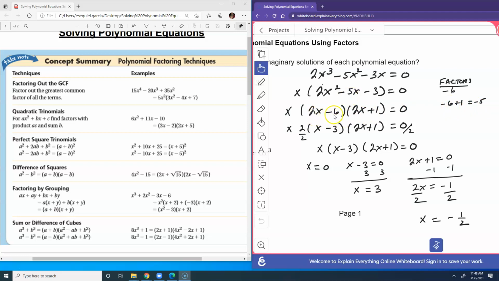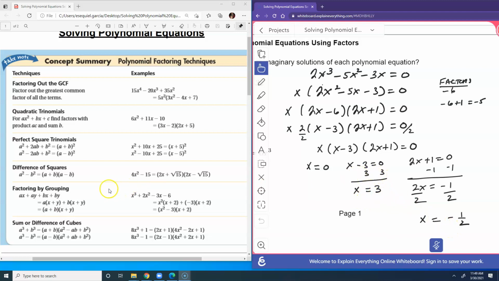So you have 2x minus 6 times 2x plus 1. You factor out the extra factor, which is 2. Divide by 2 on both sides, so you have x times x minus 3 and then 2x plus 1. Set each factor equal to 0. And so the first zero is x equals 0, x equals 3, and then x equals negative 1/2.